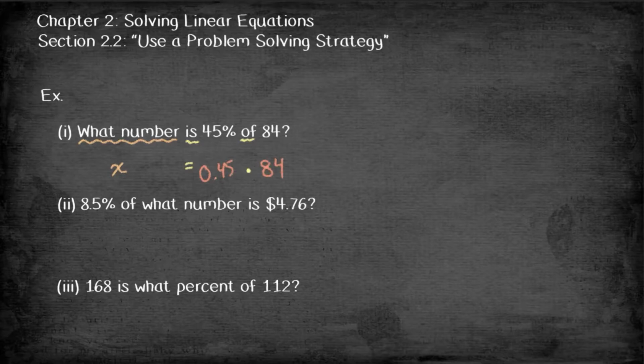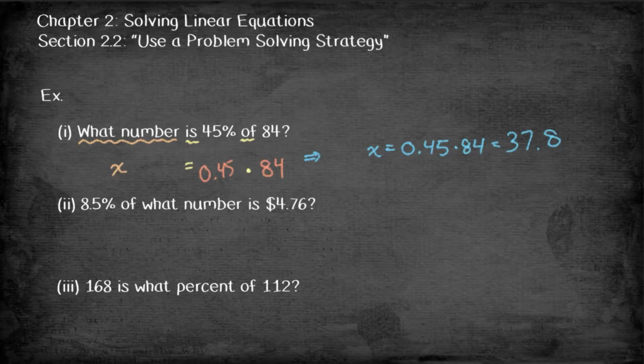What we have is the equation x equals 0.45 times 84, which is 37.8.